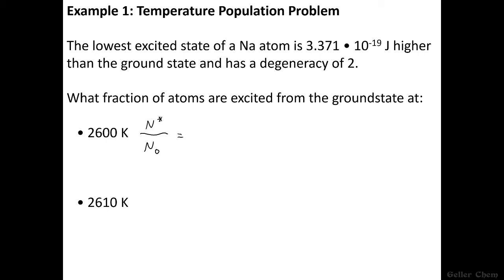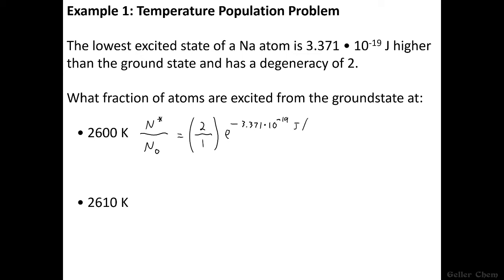And then this is going to be equal to the degeneracy of the excited state, which we're told is 2, over the degeneracy of the ground state, which, as we wrote before, is always going to be 1 in this class. And then multiply by the exponential, and then we have that negative sign, and then the delta E, the difference in energy. This is given to us in the problem, right? It's 3.371 times 10 to the minus 19 joules.